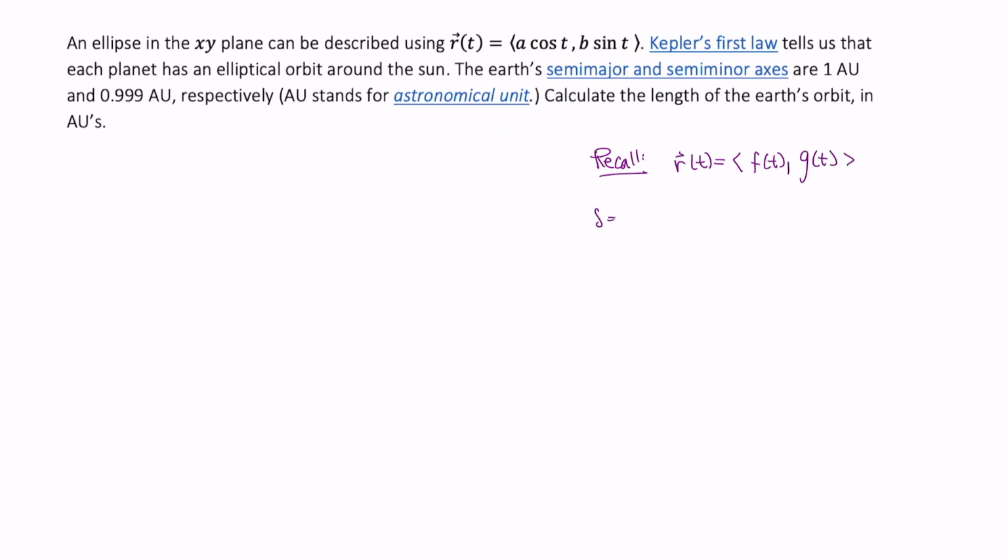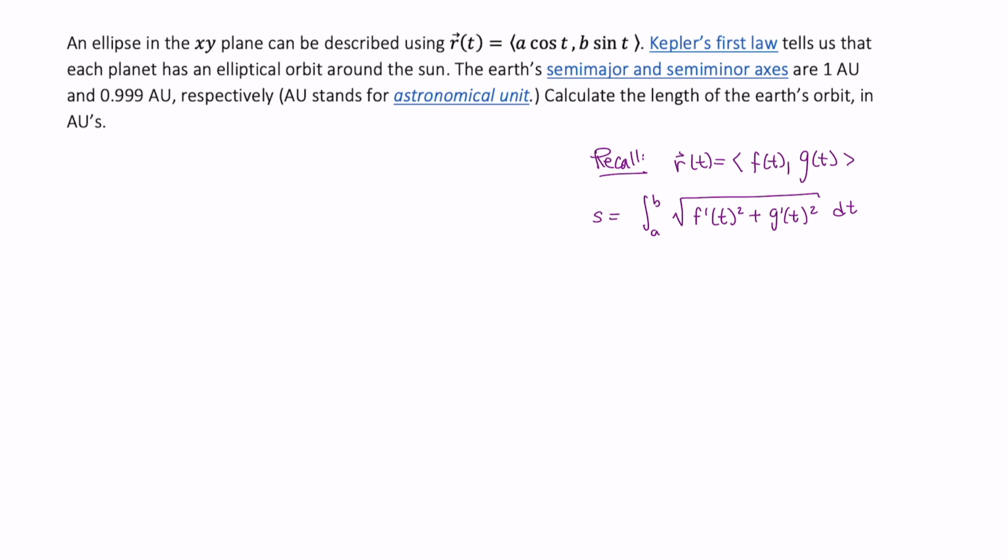The arc length s equals the integral, from some start to some end, of the square root of the derivative of f of t squared plus the derivative of g of t squared, with respect to t.